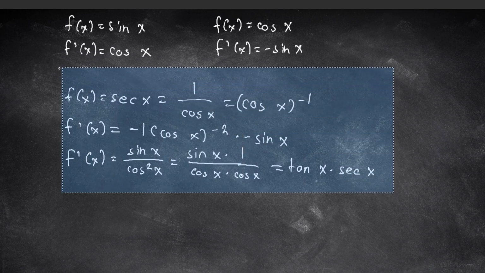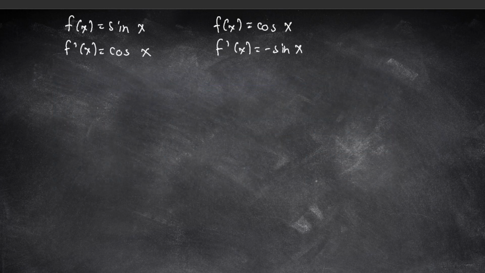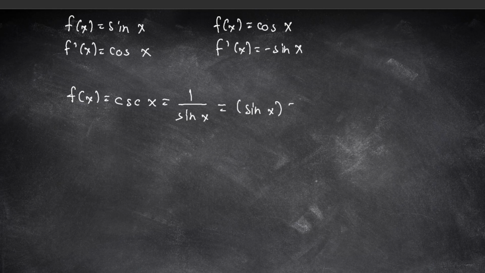And then our final one, which is cosecant of x. It's the same thing: 1 over sine of x equals sine of x to the power of negative 1. So for the derivative, variable base, number exponent means power rule, so negative 1 times sine of x, negative 1 minus 1 is negative 2.